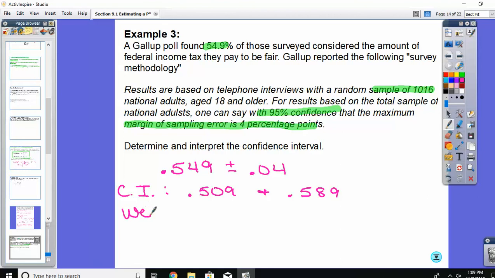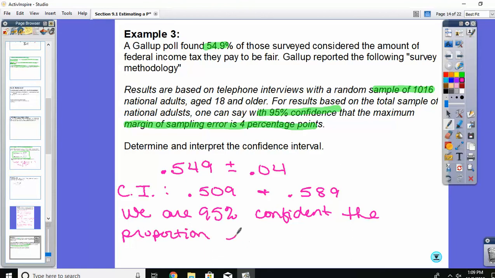Okay, in other words, we are 95% confident the true proportion, or p, lies between those values.